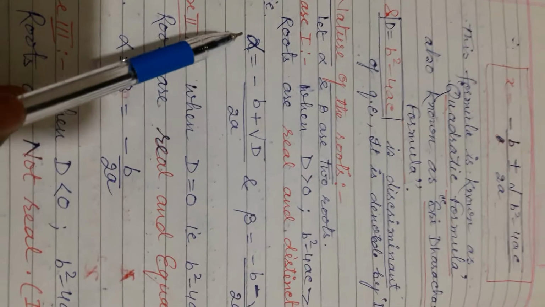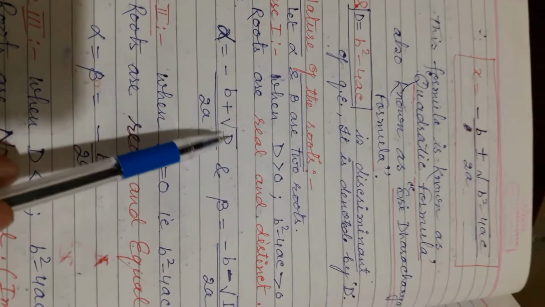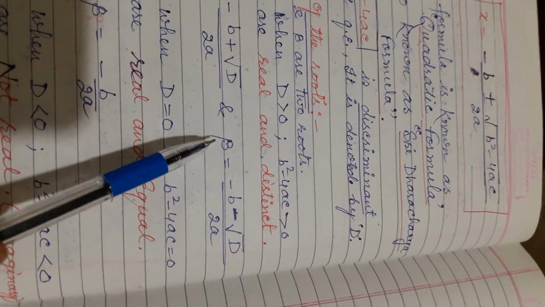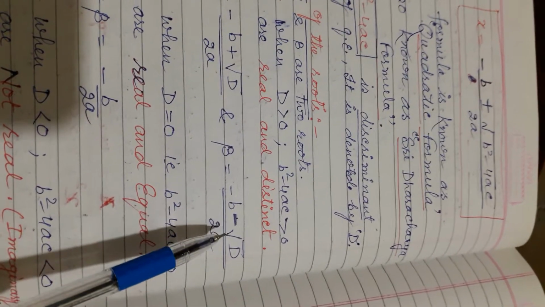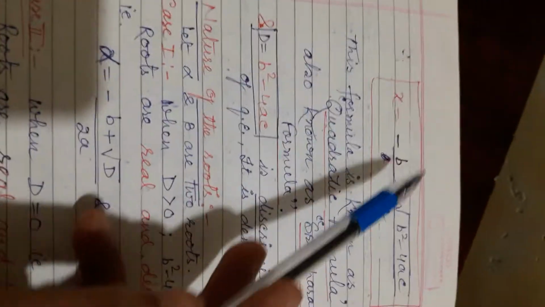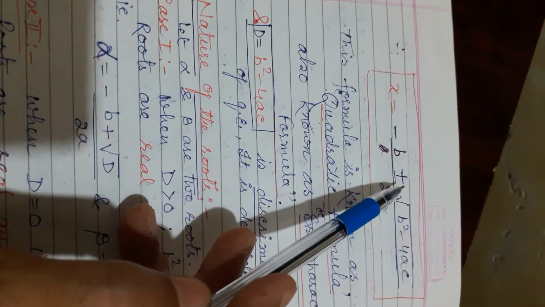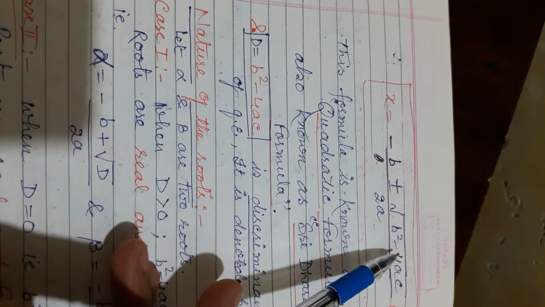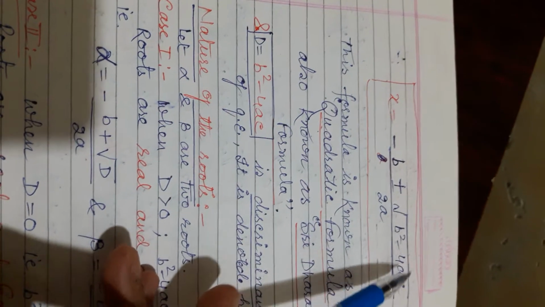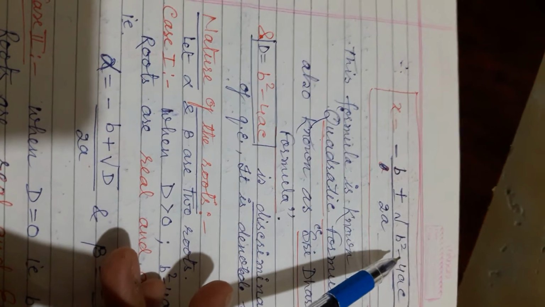There are two roots. The first root, alpha, is equal to minus b plus root over D upon 2a, and beta is equal to minus b minus root D upon 2a. You know how it will come? It is from this quadratic formula, because x is equal to minus b plus minus root over b square minus 4ac upon 2a. B square minus 4ac is the discriminant, so in place of it D can be written.